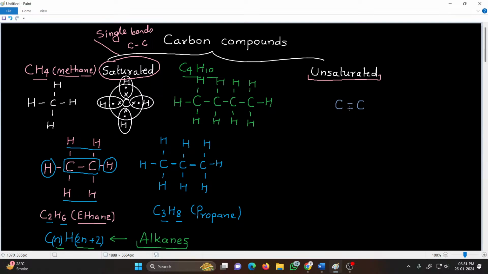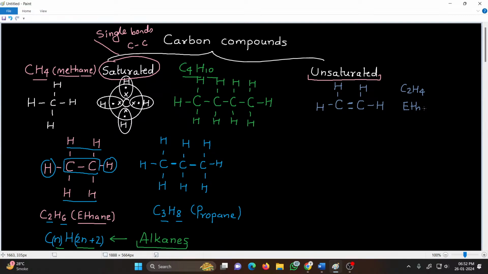So 2 carbon atoms with a double bond. Double bond means what? They are sharing 2 pairs of electrons between them. So out of 4, 2 valencies are actually fulfilled. So 2 more valencies are unfulfilled, which can be fulfilled by hydrogen atoms like this. So a compound C2H4 will be formed here, and the name of the compound is ethene.